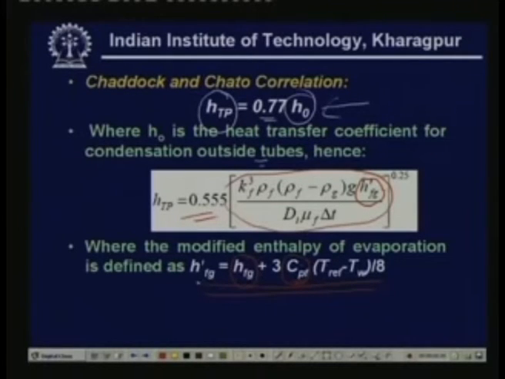So you first find this, then substitute it here, and then find the condensation heat transfer coefficient inside the tubes. This is one of the simplest correlations available for the heat transfer coefficient inside the tubes.